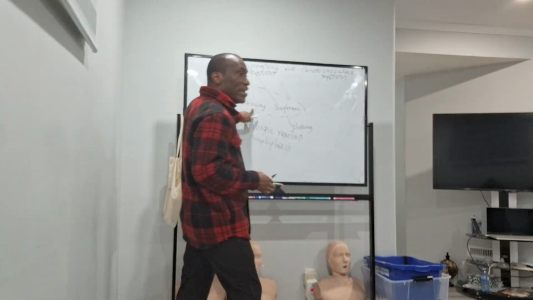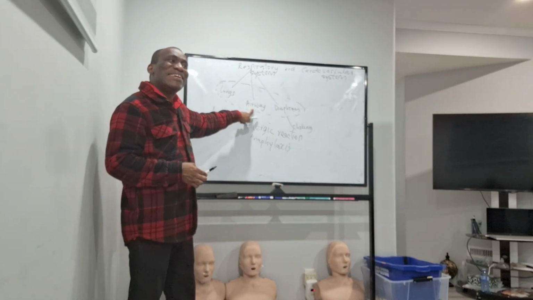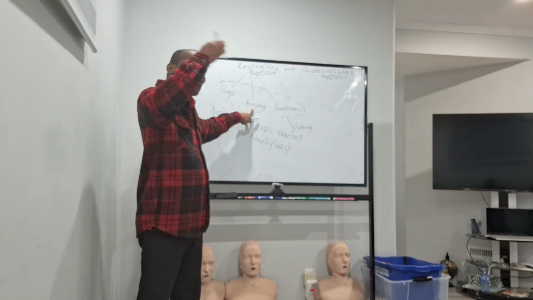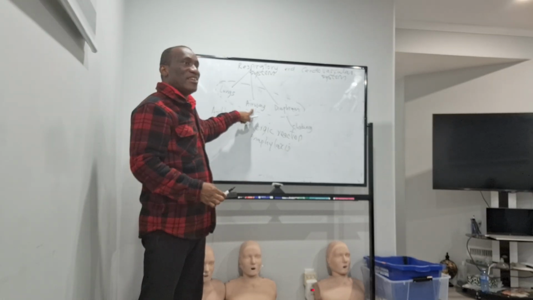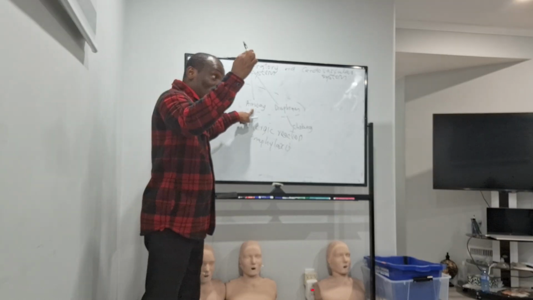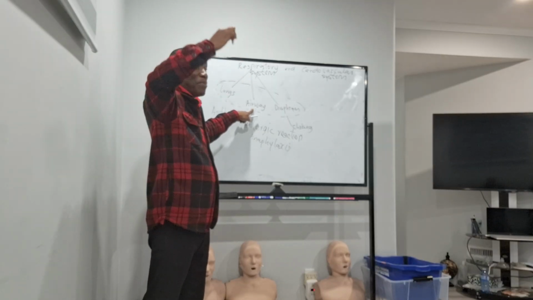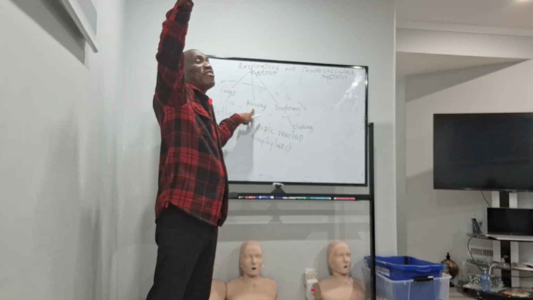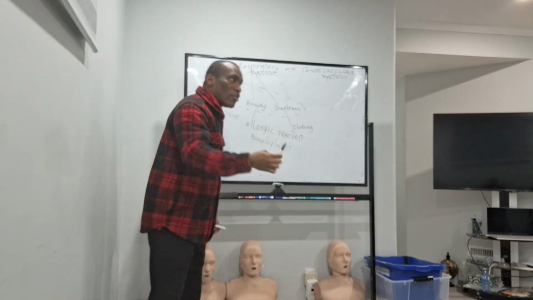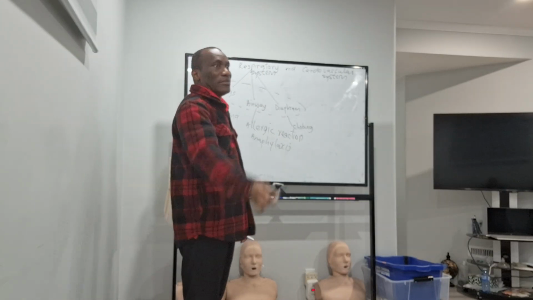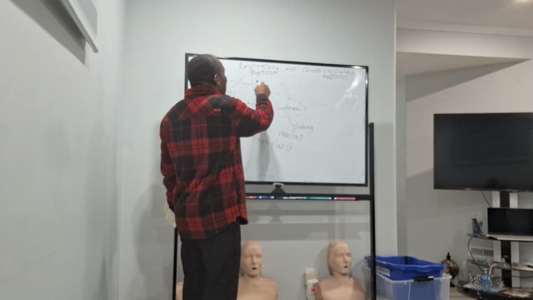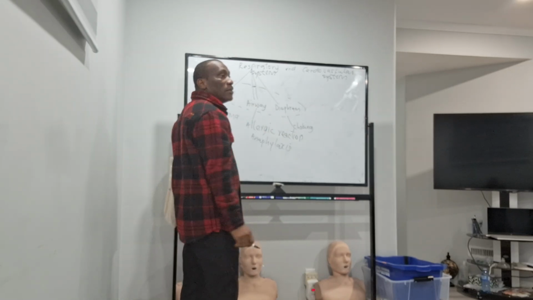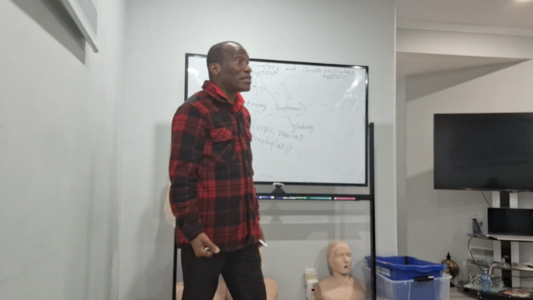The airway is the only pipe, the only route through which oxygen gets to the body. So if that one is blocked and nothing is done to help this person, he's a dead person.